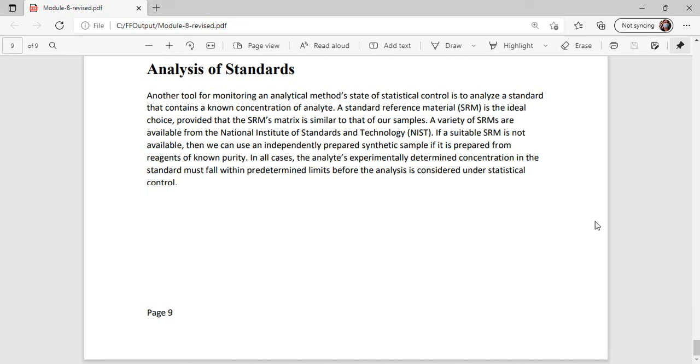A variety of SRMs are available from the National Institute of Standards and Technology, or NIST. Okay, if a suitable SRM is not available, then we can use an independently prepared synthetic sample, if it is prepared from a reagent of known purity. In all cases, the analyte's experimentally determined concentration in the standard must fall within the predetermined limit before the analysis is considered under statistical control.